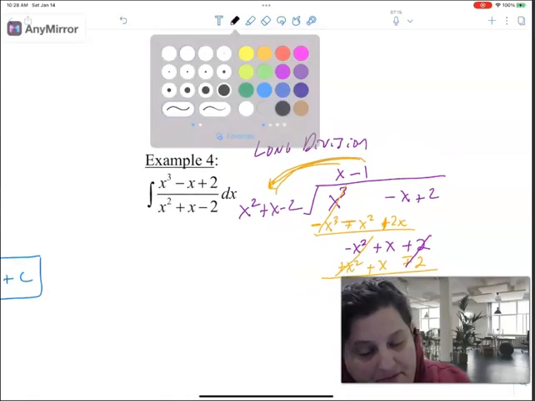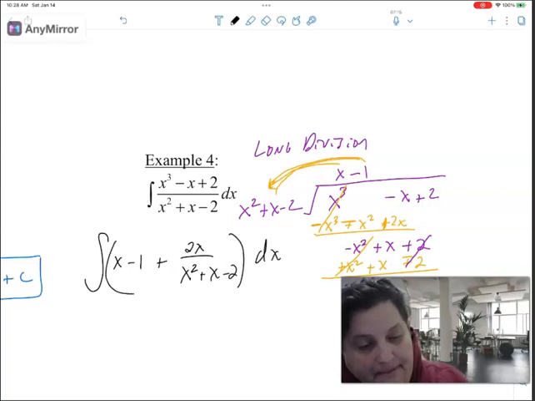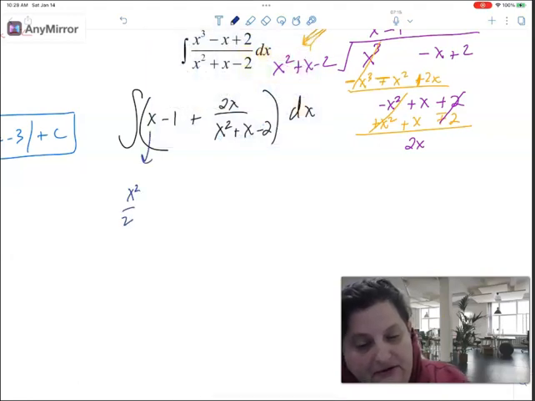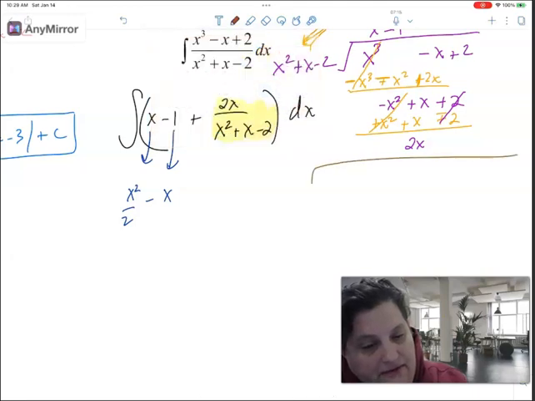So step 1, by long division, this went to x minus 1, and then a remainder of 2x over this. Okay? Now, this is going to be very easy to integrate. This is going to be very easy to integrate. This is a little harder to integrate. So let's see what that is, and let me just do that entire problem off over here, okay?